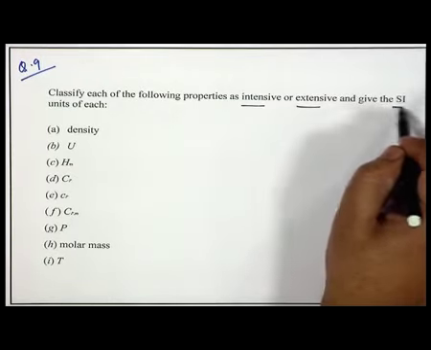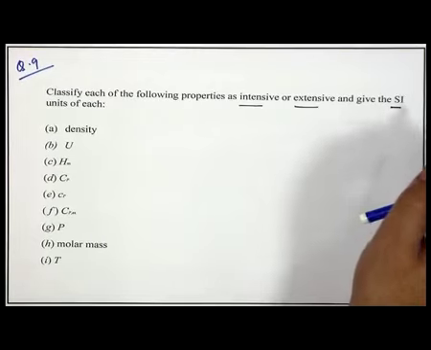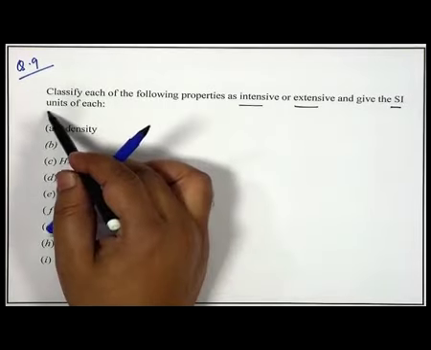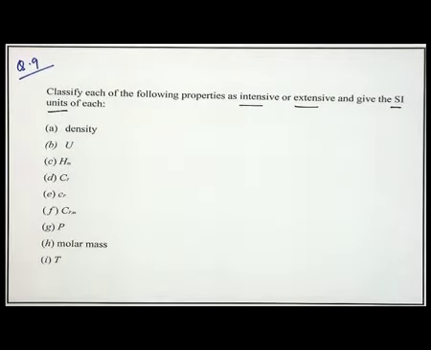And obviously, as I said, the unit is a very important thing in solving physical chemistry problems, so you must remember and handle the units very carefully.